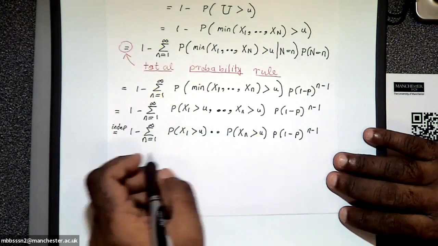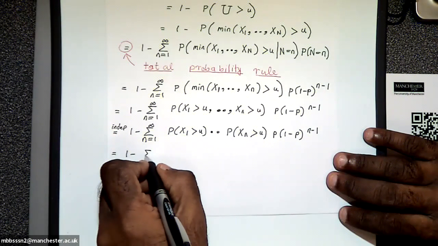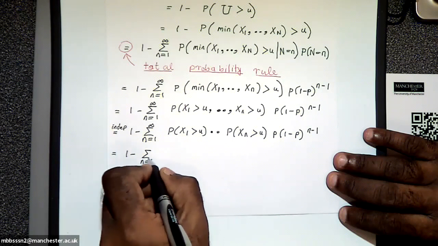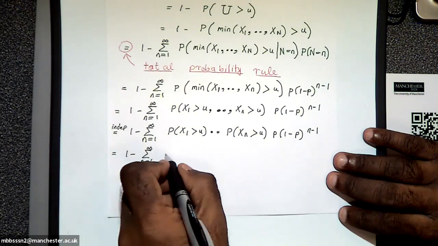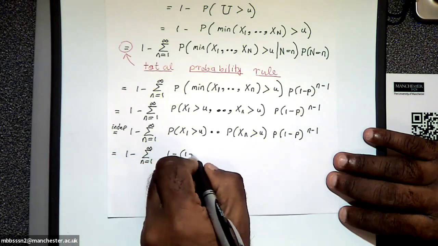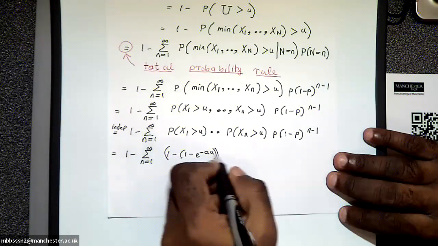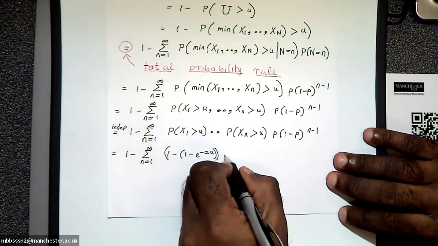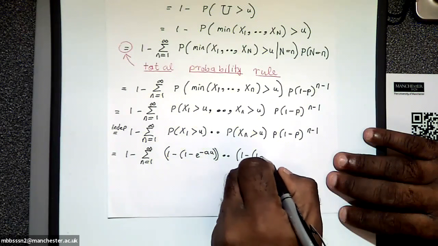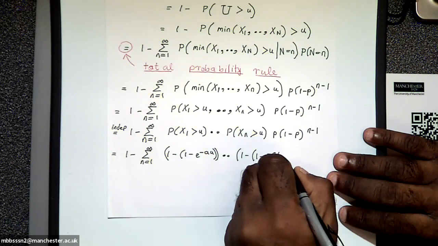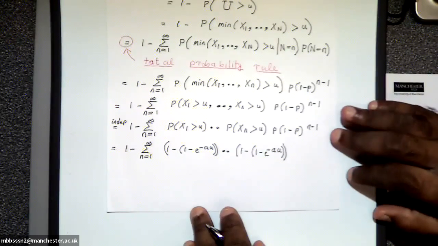Now each of these we know from the previous example: this guy here is 1 minus e to the minus aU. And we also know from the previous example that this guy is, okay.